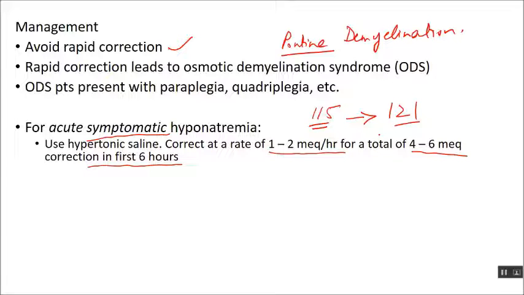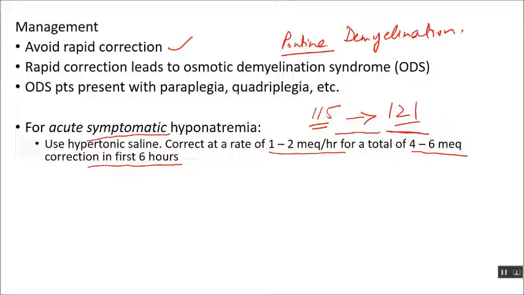Now, the sodium has not normalized, but it is very important to understand that this 6 milliequivalent difference is enough to treat their symptoms and to bring them out of the danger zone. The hyponatremia, of course, needs to be treated, but at this level you will stop and keep them maintained at this level for 24 hours before trying to correct further. And that again goes back to our basic principle of treating hyponatremia, that you do not treat overly rapidly.